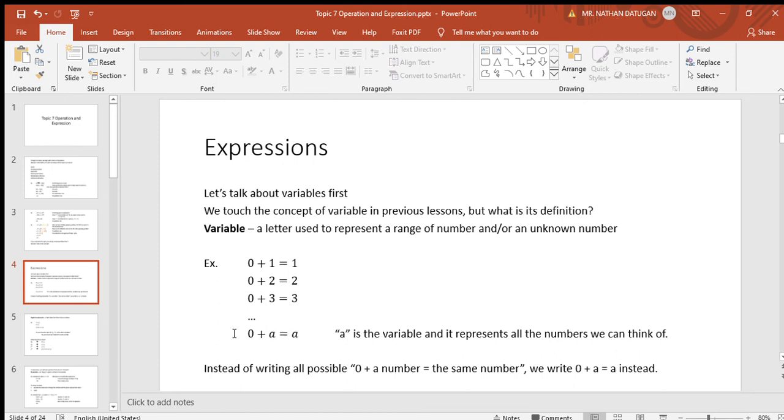A in this context is the variable, and it can represent any number we can think of. It can even be negative numbers, fractions, or decimals. It represents all the numbers we think of. So instead of writing a lot of 0 plus a number is equal to the same number, you can simply write 0 plus a equals a.